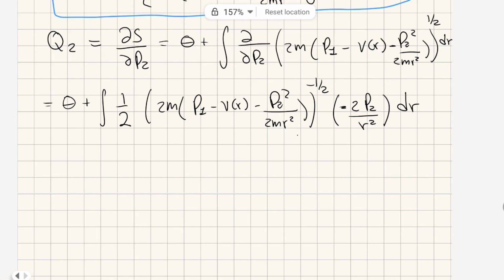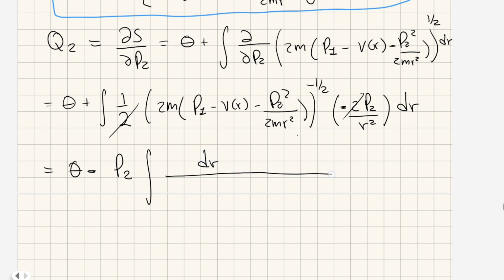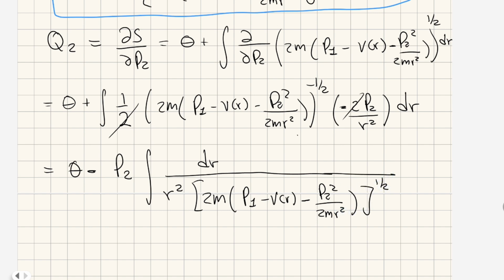Perfect. Okay. We see that these 2 cancel with these 2, and we are going to get here theta minus, looking that P2 is a constant, we can take it out, and this is going to be the integral of, we will get here a dr, and then this is dividing on R squared, that is going to multiply 2m P1 minus B of R minus P2 squared divided by 2mr squared, all raised to the 1/2.